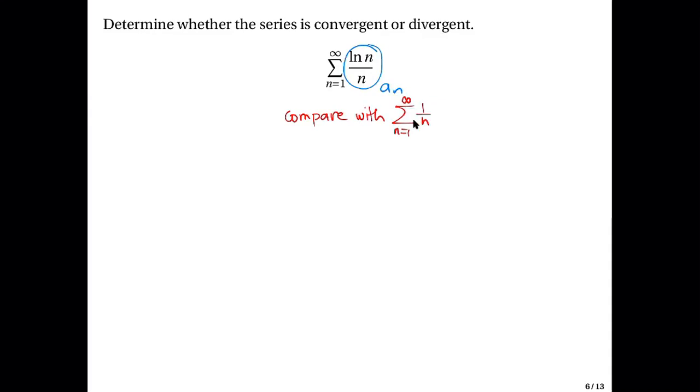So if the series you're comparing with is divergent, the limit of an over bn must be a positive constant or plus infinity to reach a conclusion. If you do this, what you will get is the limit of an over bn equals plus infinity, and therefore this series is divergent.